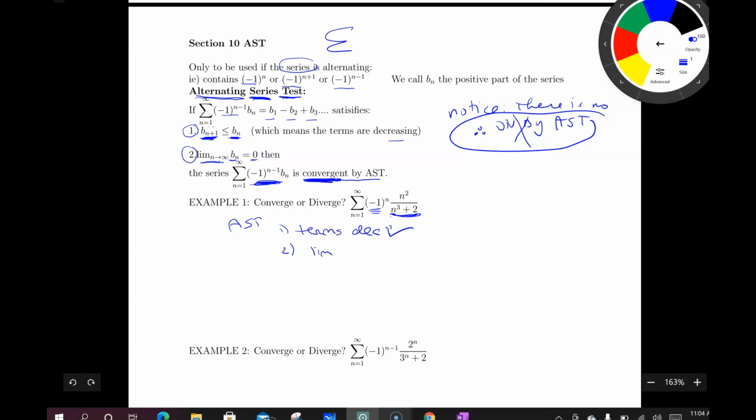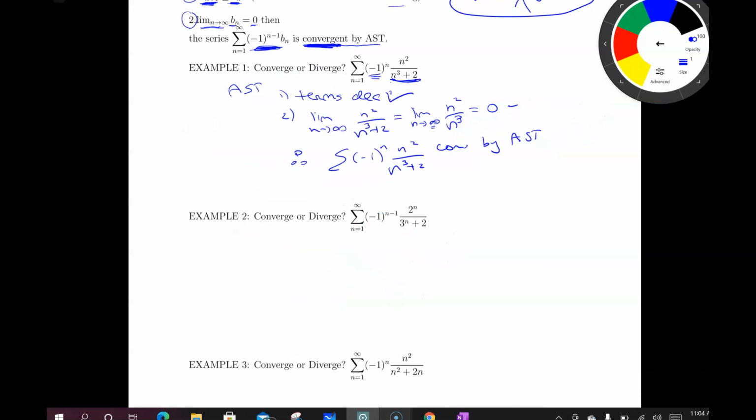Does it look like if I take the limit as n goes to infinity of these positive terms, we go to 0? Let's check it out. Take the highest powers. I get 1 over n. 1 over n, as n goes to infinity, goes to 0. Check. Okay, so I have, therefore, this converges by AST.